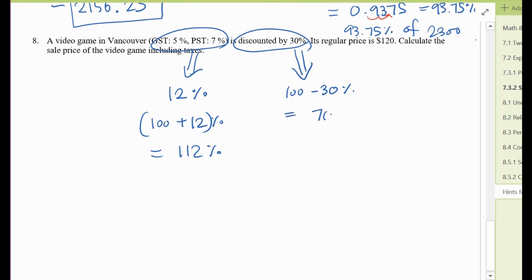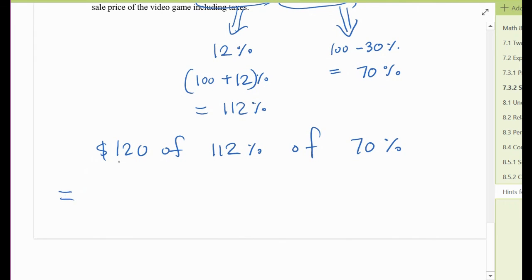And that is 70%. So you only pay 70% of the price. Okay? All right, what we're going to do is find $120 of 112% of 70%.